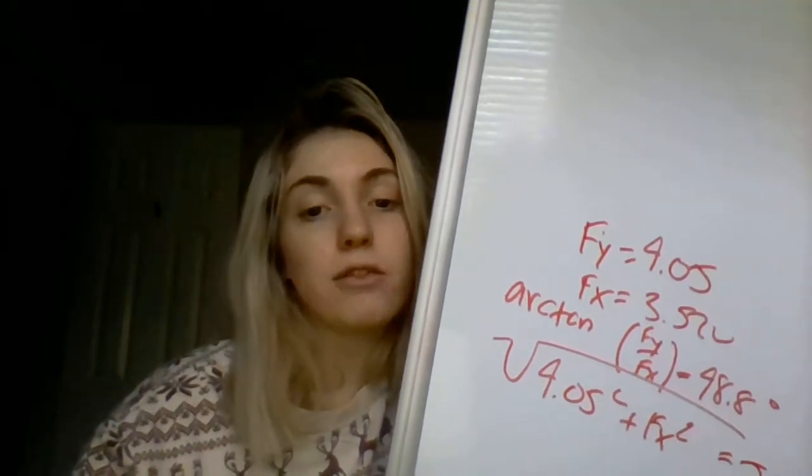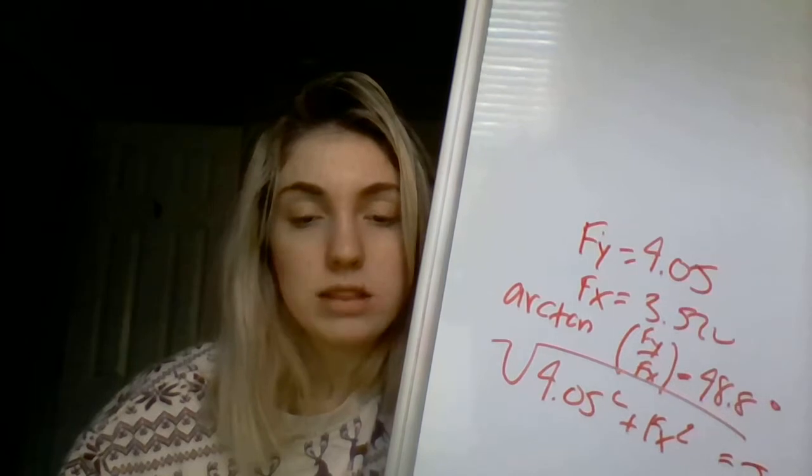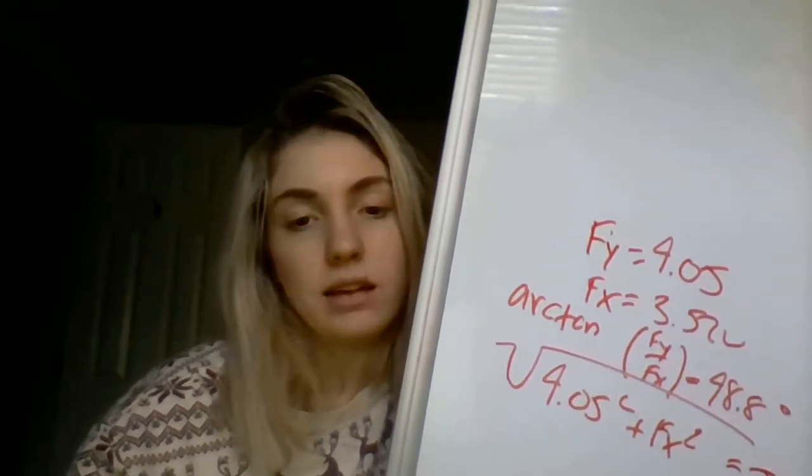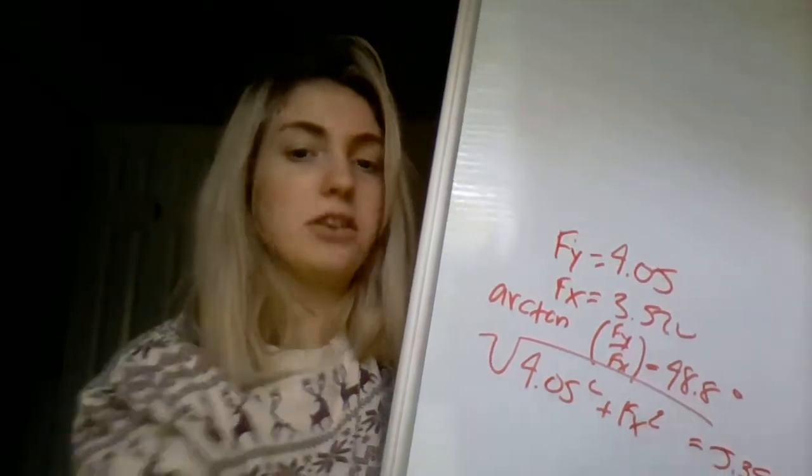That was for part A. And then for part B, T of the cable was 4.1, F of the pivot was 5.39, and then the angle of the pivot was 48.8 degrees.